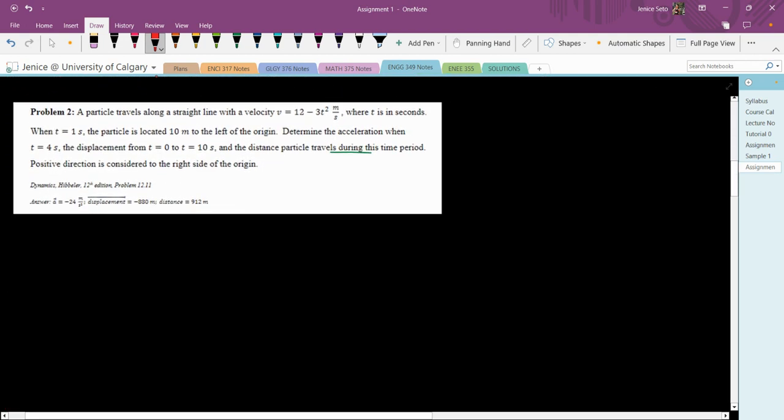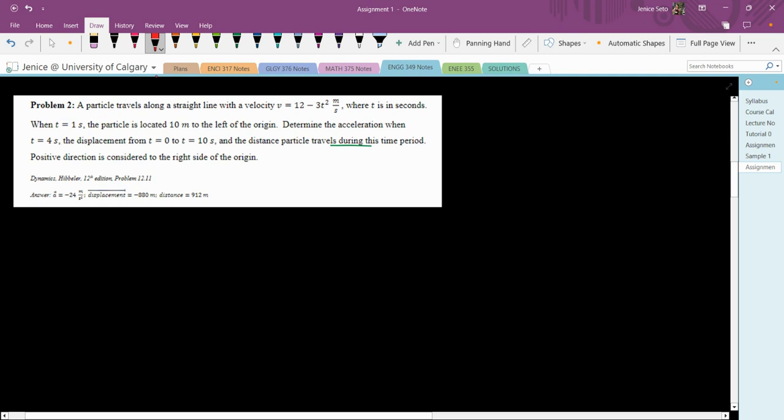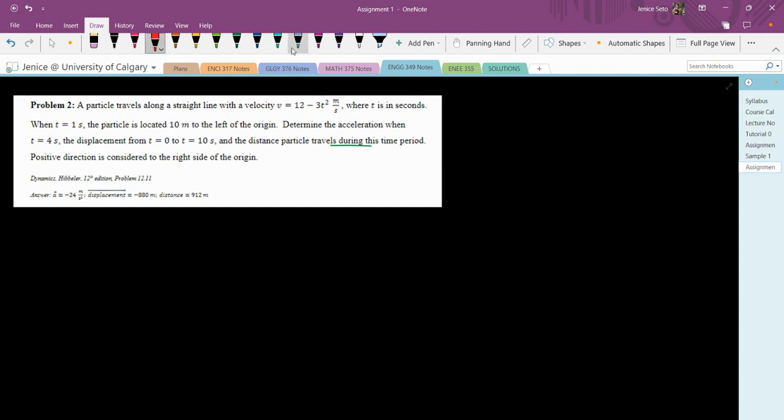All right, but our second question is a little different. We have velocity given as a function of time. So this is just a little something new. Right, so because it's a function of time, it's not constant. So we're going to have to use some different principles to solve our values for this question. So we're given when t is equal to 1 second, the particle is located 10 meters to the left of the origin.